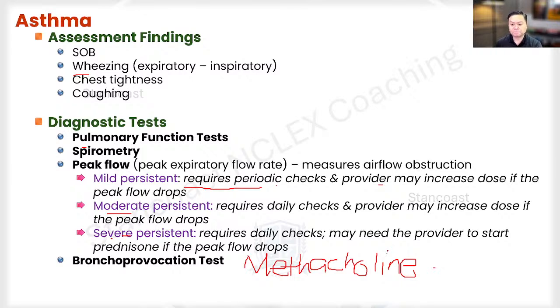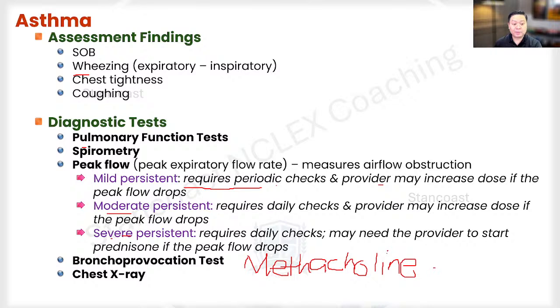Now, lastly, or second to the last, we have the chest X-ray. In a mild, or let's say severe or moderate case, the chest X-ray will show some hyperinflation, and it is also going to rule out any other conditions.